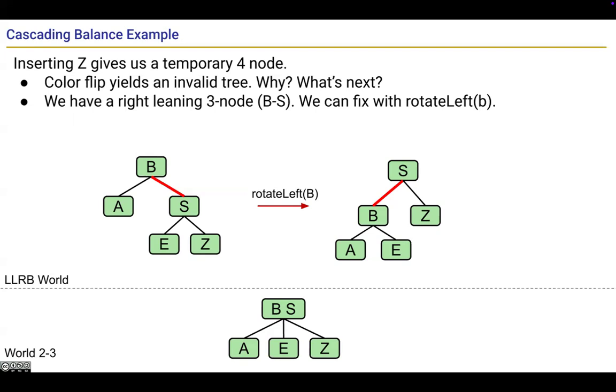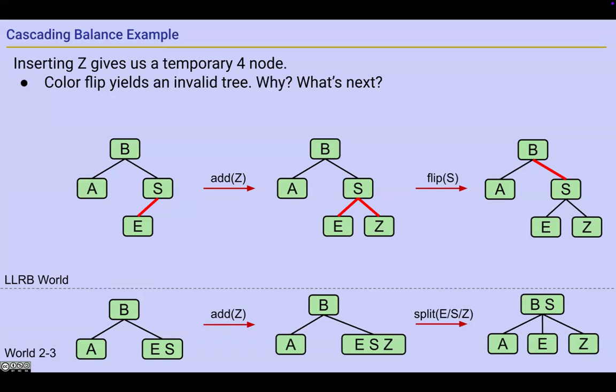So now when we did that, what's our problem with the top thing over there? What's our problem over here? Say again, Mary? It's a right red link. What do we need to do? Okay, so what are we going to rotate left?